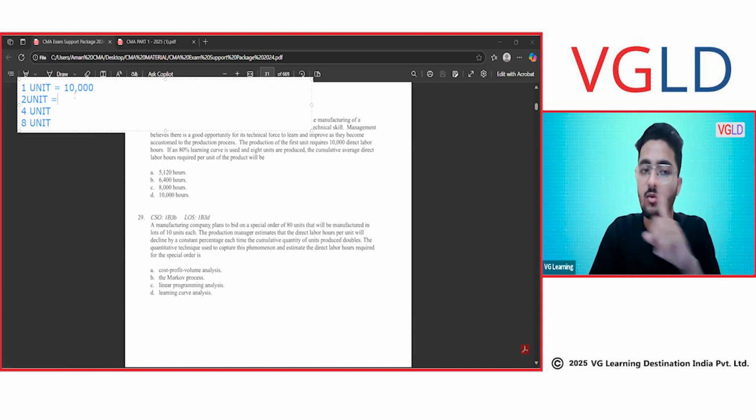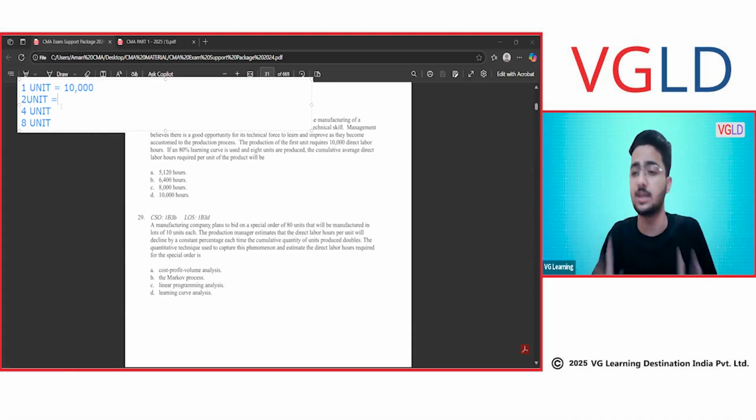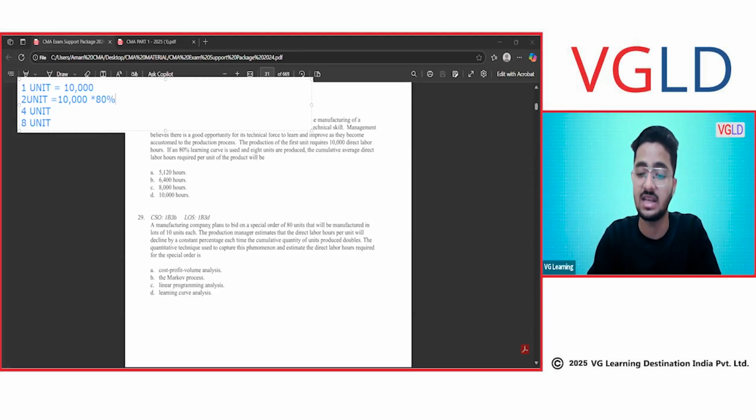Now, very simple. We are doing 2 methods: I will do the doubles method and also the singles method. For the first unit, 10,000. For the second unit, just multiply by 80%, since they are asking for the average: 8,000.